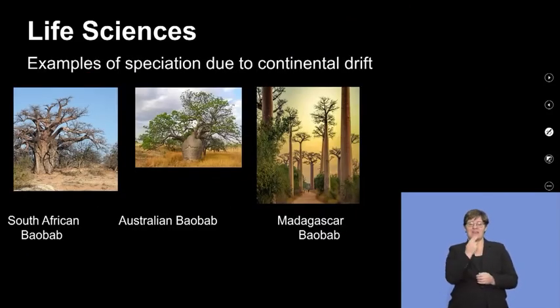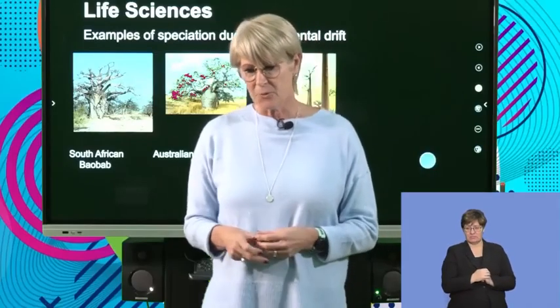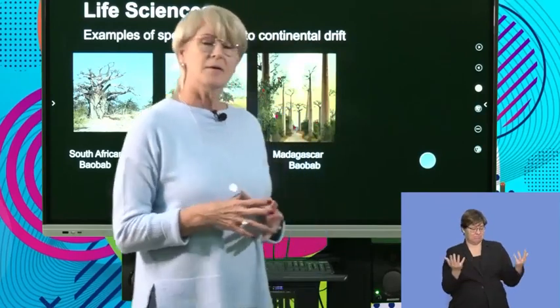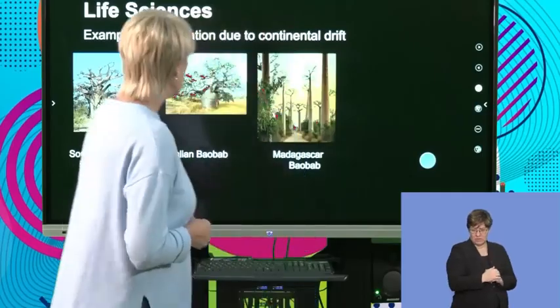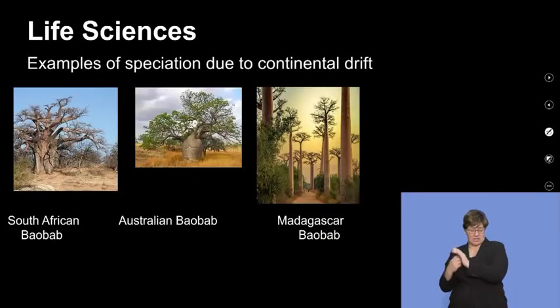All right, so here's a nice example. They are lovely trees, and the baobab tree is one of South Africa's famous trees. We have many of them, and they become very old and very large trees. If you have a look at the diagrams here, this is an example of the South African baobab.